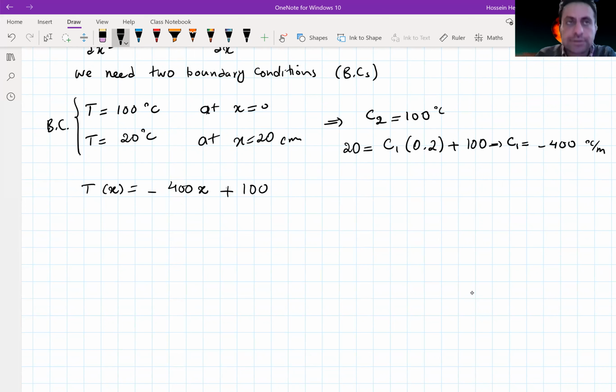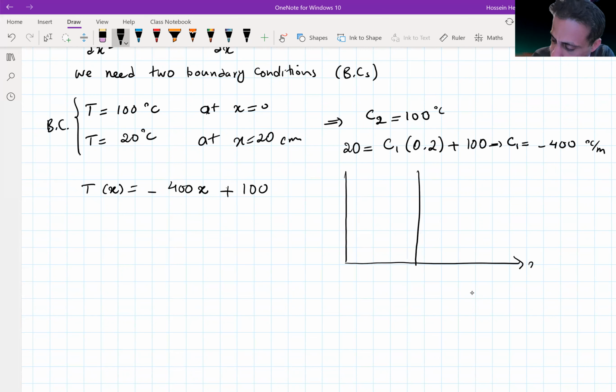If I plot, let's say this is the wall that we were looking at. This is x, this is 0, this is 20 centimeters.